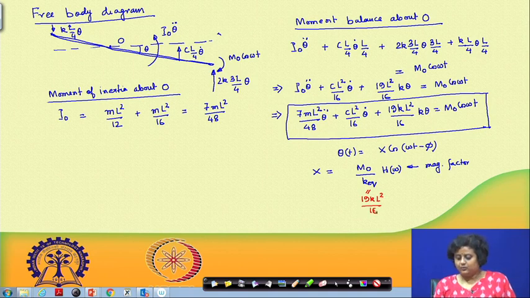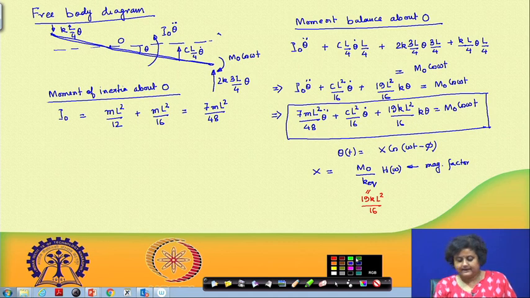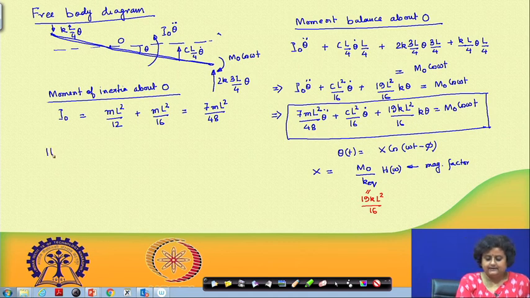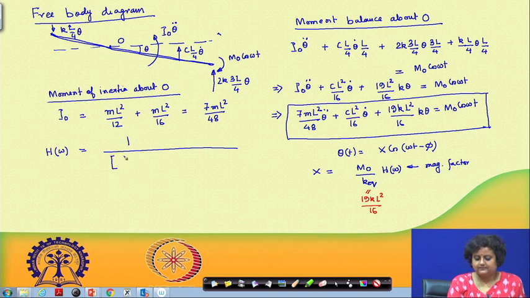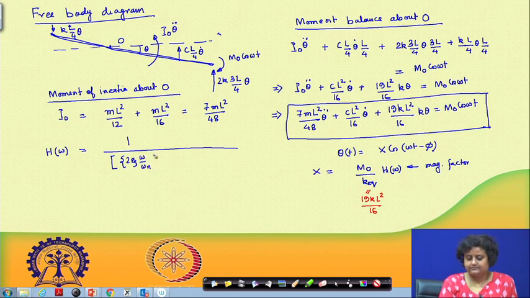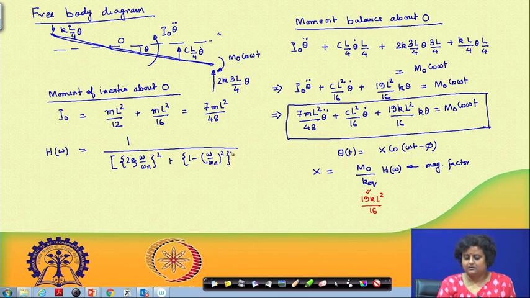Okay. So, we know that the magnification factor has this expression, which I am just rewriting: the square root of (2 zeta omega by omega n) whole square plus (1 minus (omega by omega n) square) whole square.